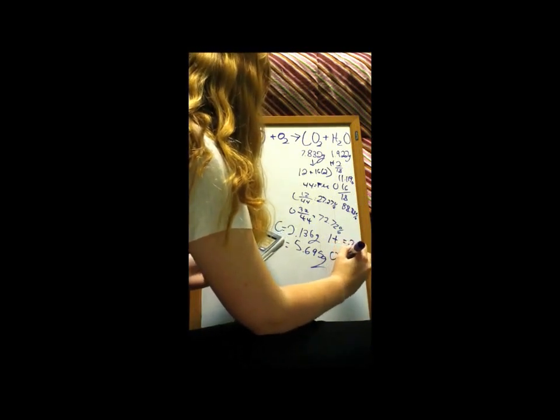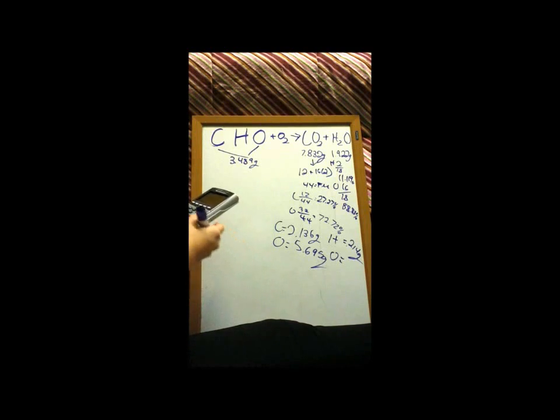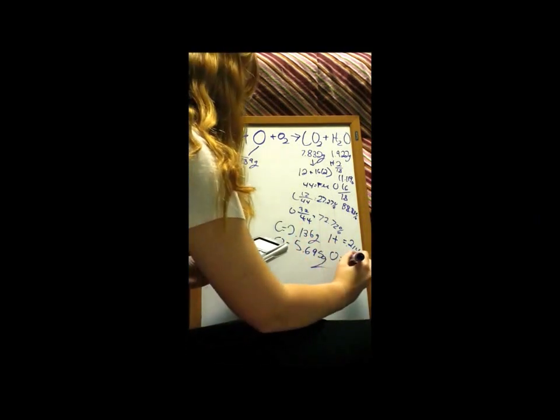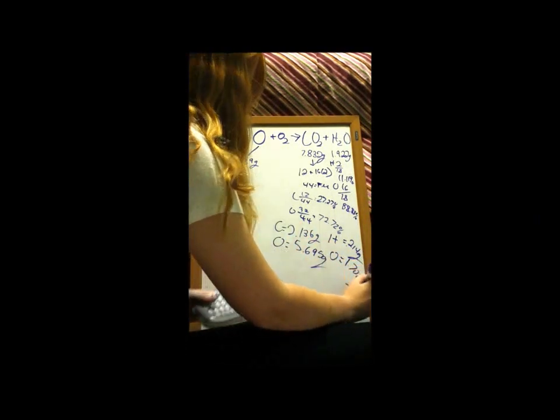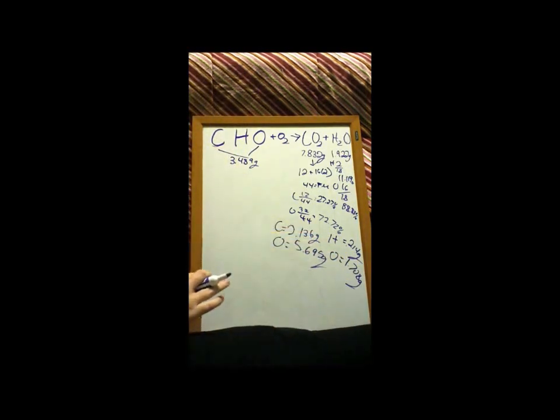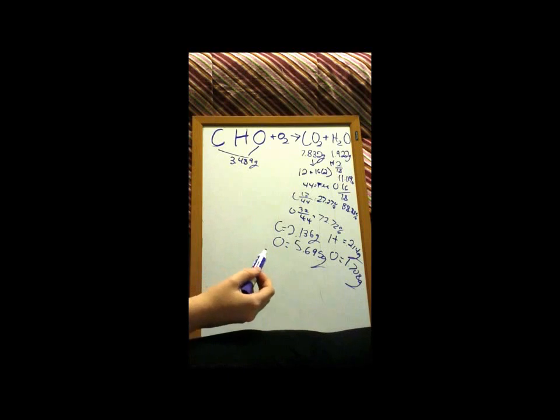And the oxygen is going to be 0.888, which is 88.88%, times your 1.922, which is 1.708 grams. I know this is kind of sideways, hope you can read it. Okay, so now we have the grams of each of the products.